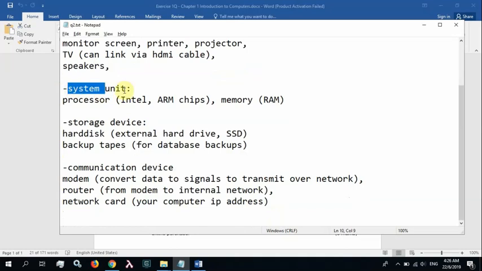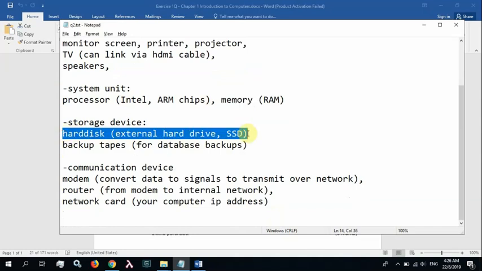Okay, system unit is the core processing unit. Alright, you'll have processor and the memory. Now the memory over here is the immediate temporary memory that is inside of your computer. Then it doesn't refer to your storage devices. You see, storage devices, they are permanent memory locations.